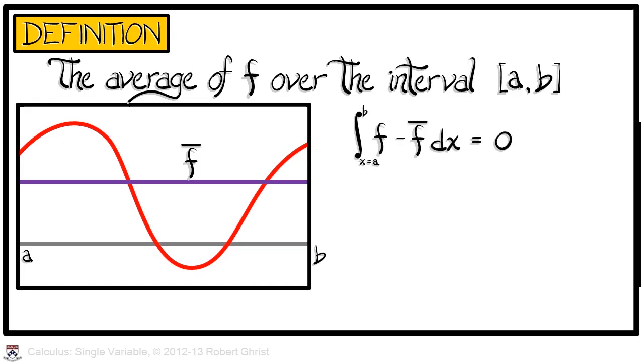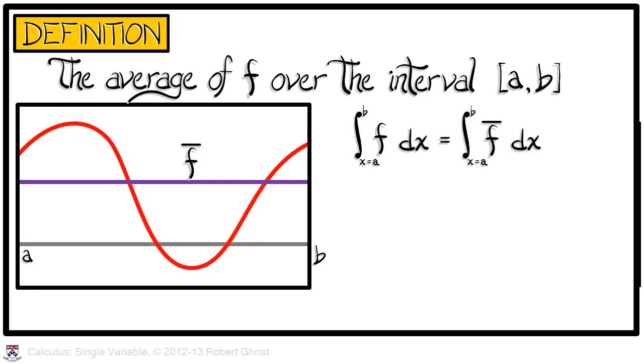We can write out an integral form for this intuitive definition, namely that the integral as x goes from a to b of f minus f bar dx equals 0. Now, let us solve this equation for f bar.